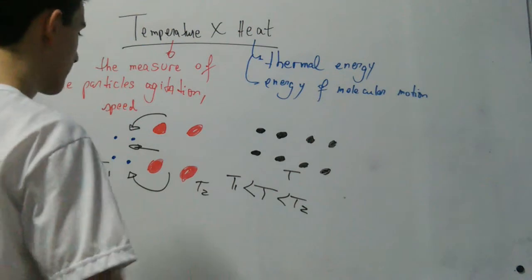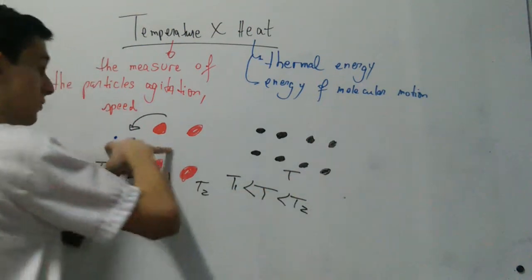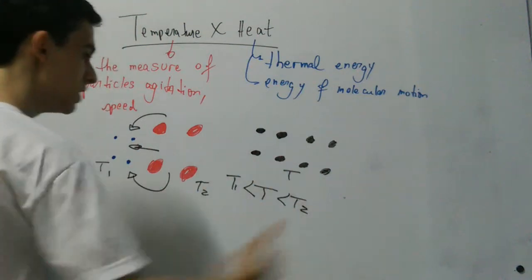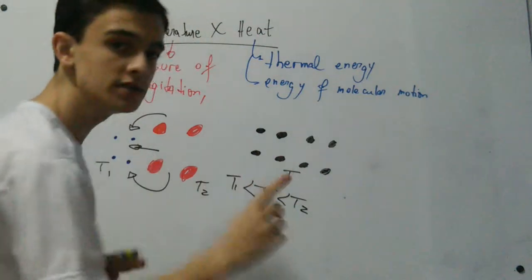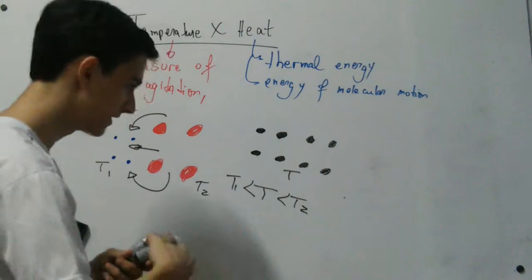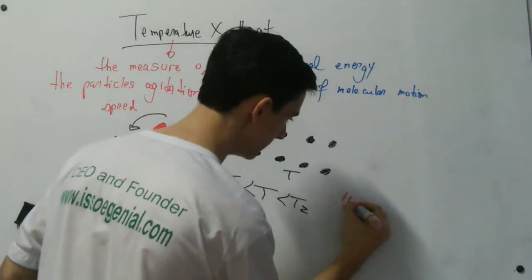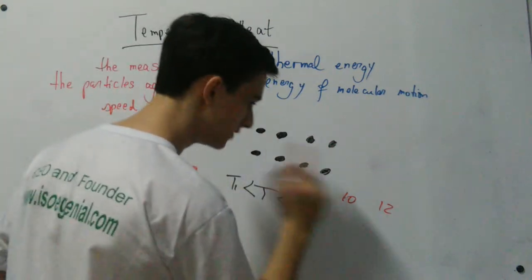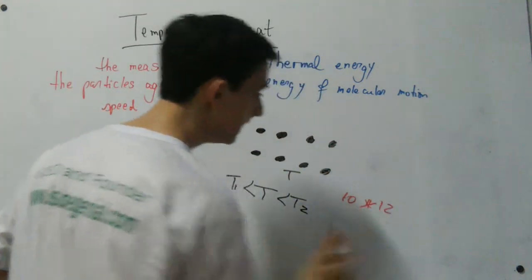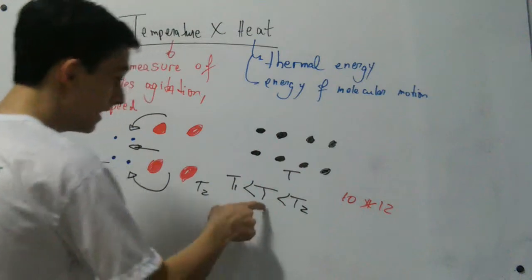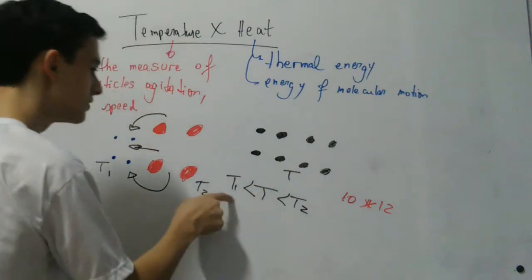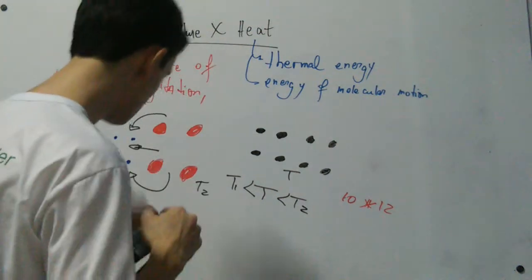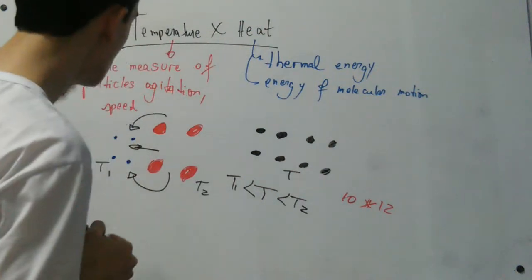So the temperature of equilibrium after two objects reach the same temperature is going to be between the two initial temperatures, not necessarily in the middle. For example, if you have 10 and 12, the final temperature is not necessarily going to be 11. It can be different from this. It can be closer to T2 or closer to T1. It depends on other variables you're going to see in future videos. But this is basically what happens.